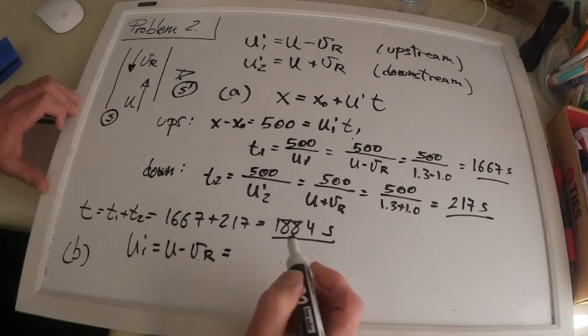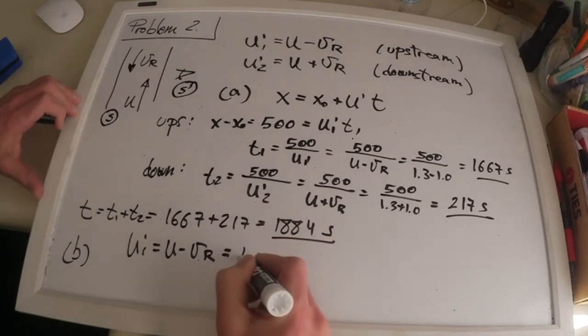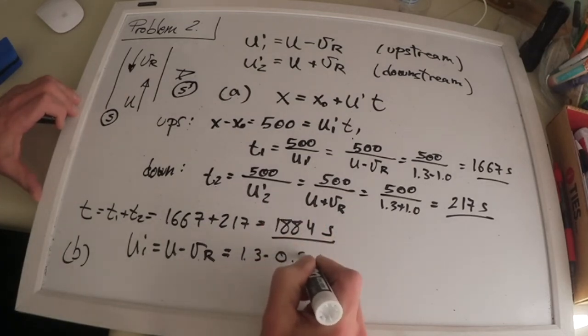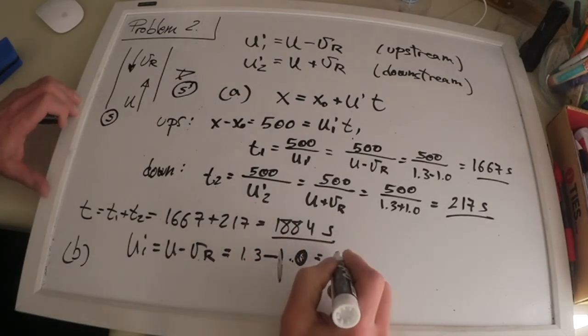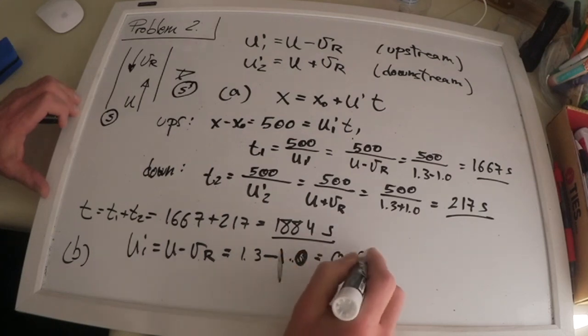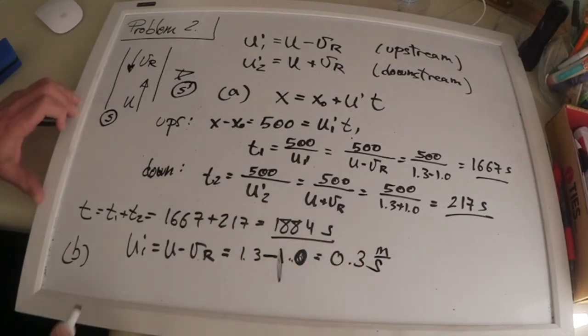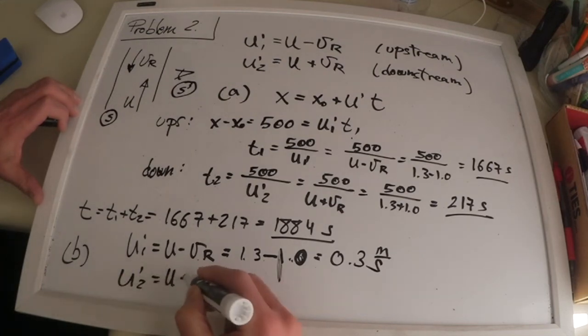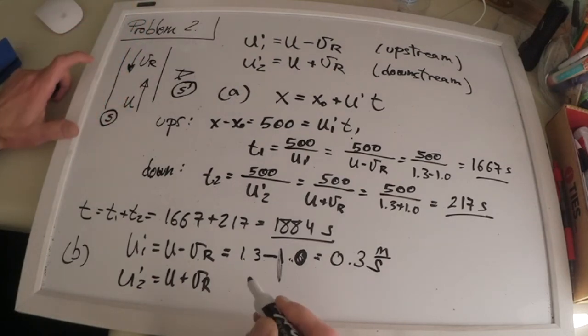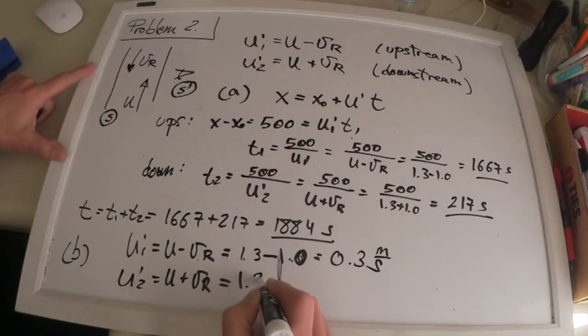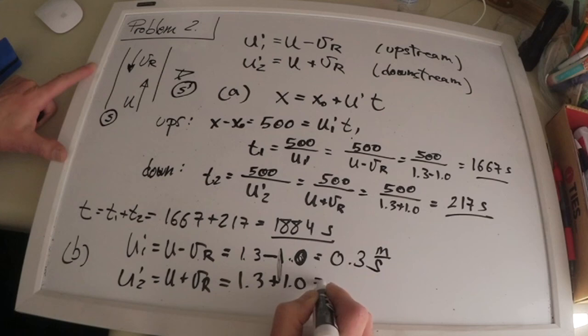So in this case, 1.3 minus 1.0, and that is 0.3 meters per second. u prime 2 is going to be u plus v sub r. Now when it's going downstream, the river is helping. This is 1.3 plus 1.0, and that is 2.3 meters per second.